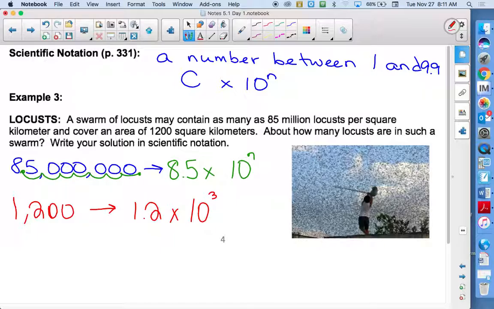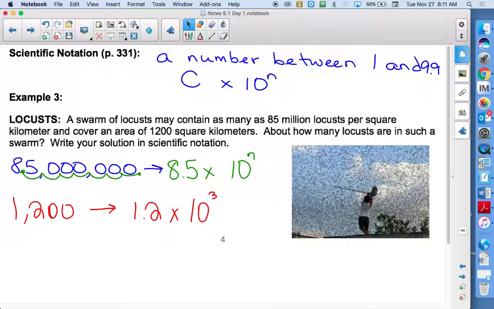So the question says about how many locusts are in a swarm. So a swarm of locusts contains about 85 million locusts per square kilometer and can cover 12,000 square kilometers. So think, how would you find out how many locusts are in a swarm?